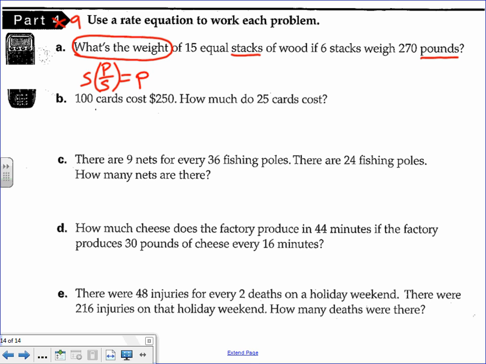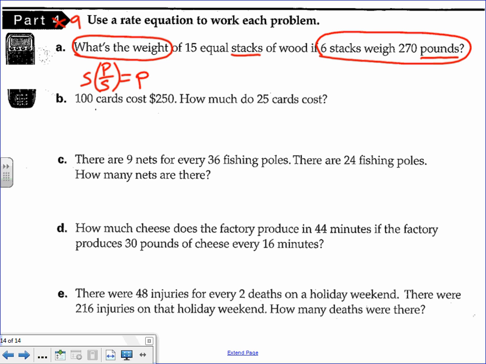Now I'm going to use my letter equation to fill in the numbers. So my fraction is the relationship between the two units. So I notice in the problem it says that 6 stacks weigh 270 pounds. Well, there's my relationship between the two units.